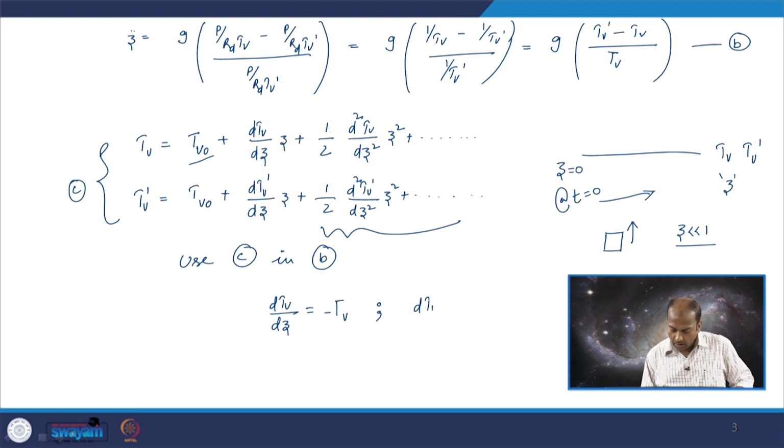Similarly, dTV prime by dZ can be written as minus gamma V prime, right. So, we will use this into equation B, and we will see how it looks.